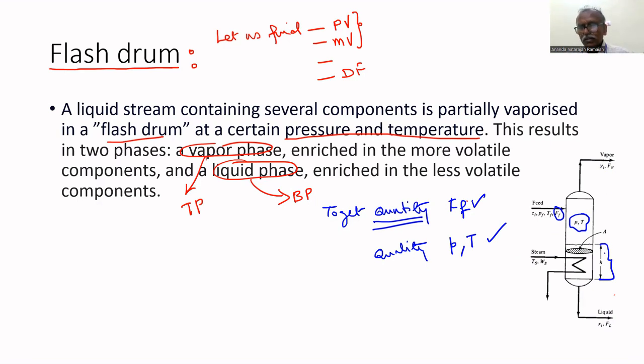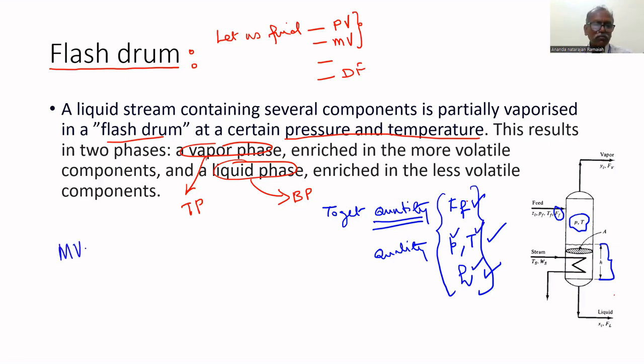So to avoid that, the level has to be maintained. At the same time, this level should not fall to 0. That is also dangerous. The temperature will go beyond a certain unsafe value. So the level has to be controlled. Therefore, the 4 process variables as per requirement are feed flow rate, pressure, temperature, and the level.